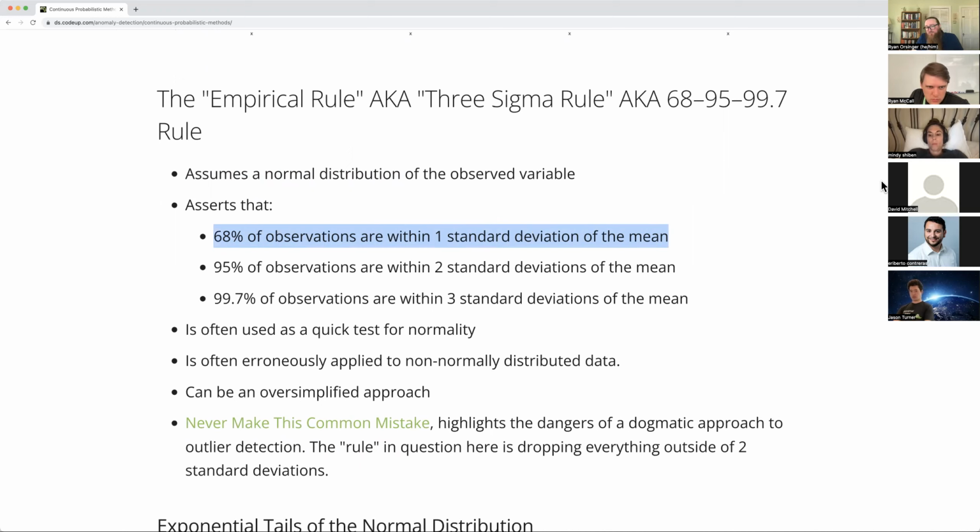So that's good to know. If your data is relatively normally distributed, plus or minus one standard deviation, you've got just a bit more than 2/3 of your data.